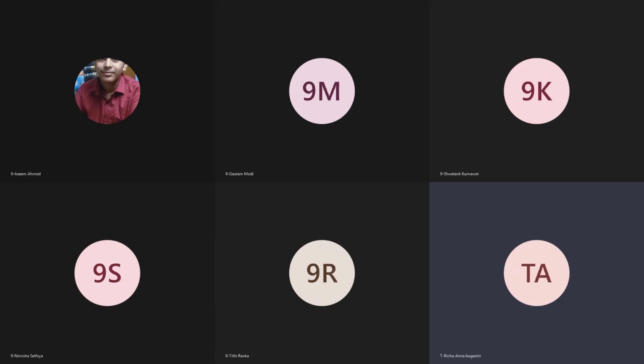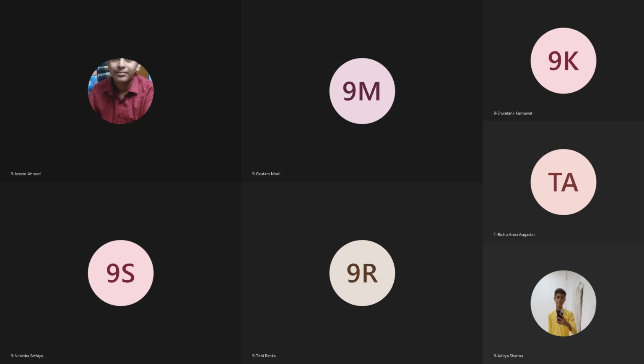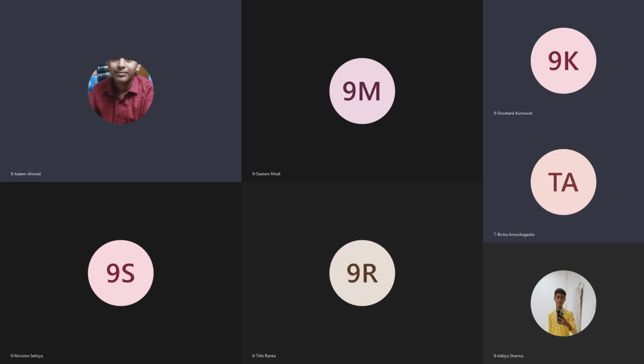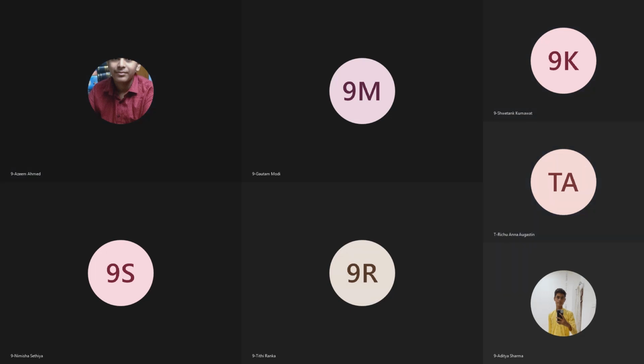Anybody? Who is this? Shweta. Who wants to read? Who has unmuted the mic? I can't see. Azim? Okay. Who is this, 9K? Shwetank Kumar. Okay, Shwetank, can you read this paragraph on page number 42, 5.2, some examples of pollination? Only the first paragraph, up to page number 43. Just read it.